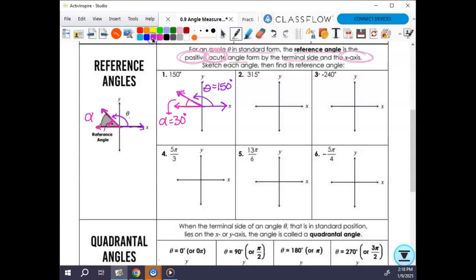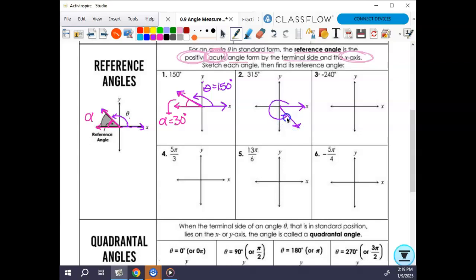Let's try 315. I'm going to start here. 360 would get me all the way around, but I'm not quite to 360. So how much farther would I have to go? What's 360 minus 315? 45. So I'd have to back up 45, which is halfway. So I'm going to aim for halfway there.